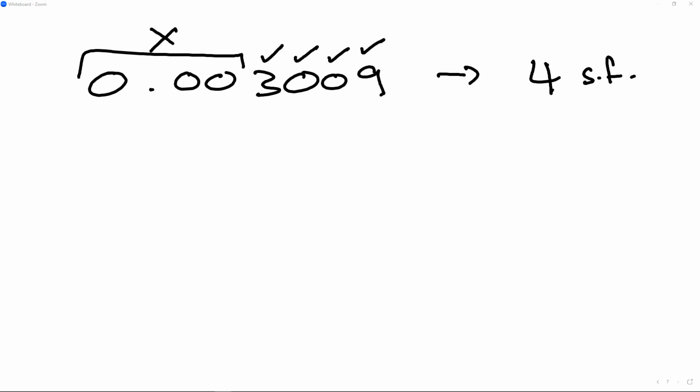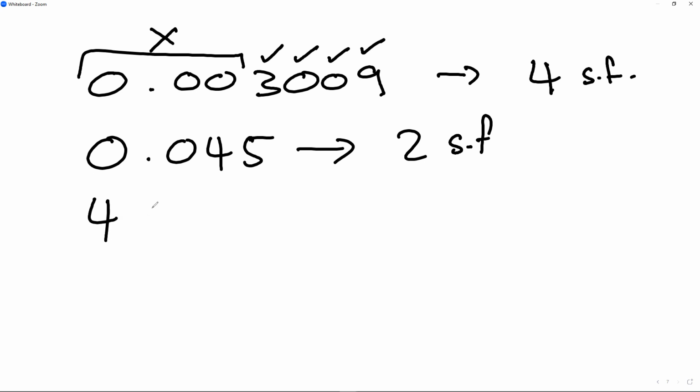Keeping that in mind and building on that same idea, let's look at the next part. Let's suppose I have a few questions like this. Let's say the first one is 0.045. Again, this would be 2 significant figures.